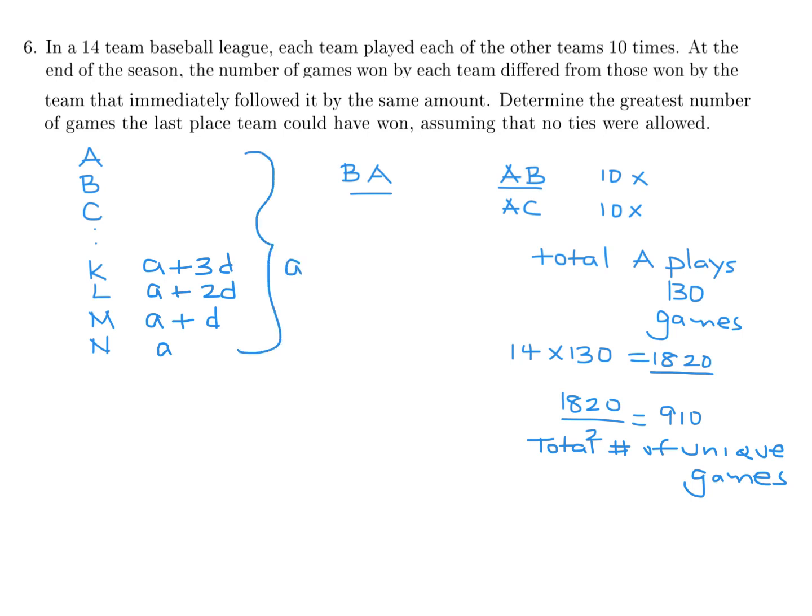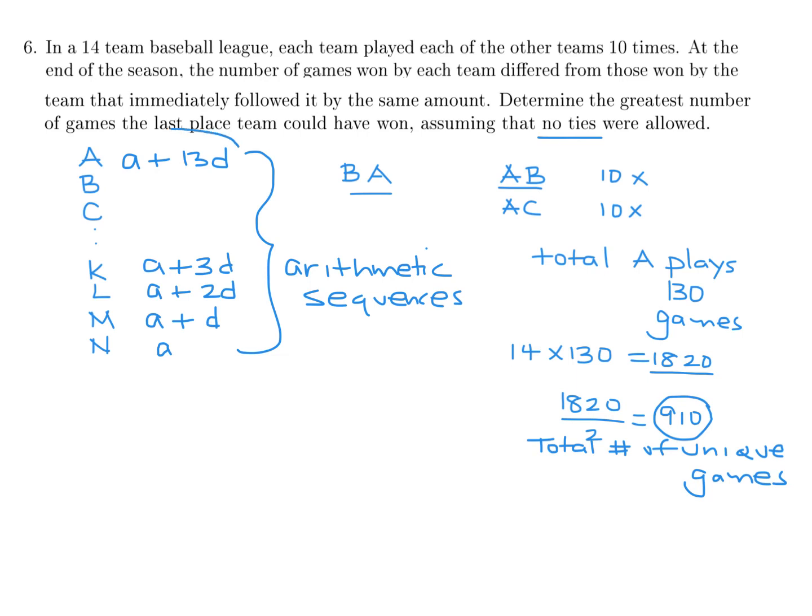And many of you are familiar with arithmetic sequences. So what we have to figure out is what are these numbers. And eventually all the way up at the top it'll be A plus 13D. Okay? Well, there's no ties, so every game is going to have a win and a loss. So if there's 910 games, there's going to be 910 wins.